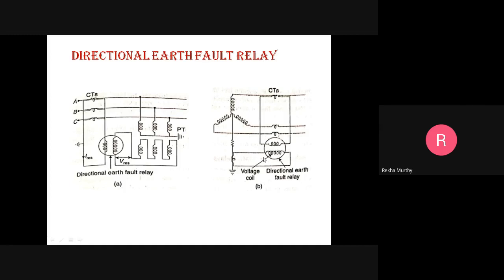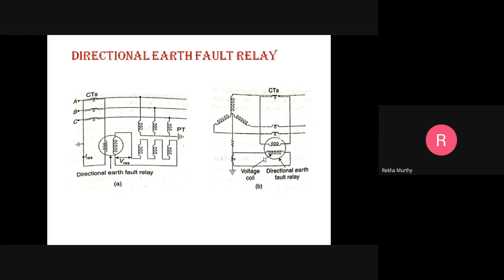If the neutral point is grounded through the voltage transformer, then the voltage coil of the directional earth fault relay will be connected to the secondary of the voltage transformer, or potential transformer. Usually the IDMT element will have a flux setting of around 20 to 80%.